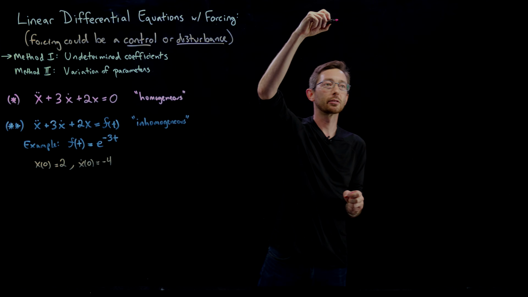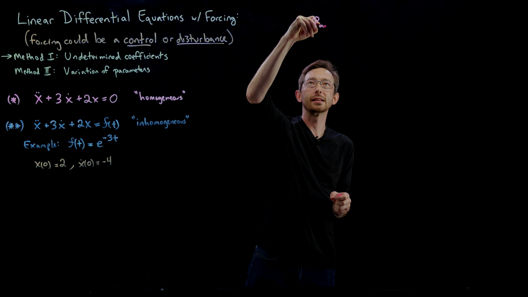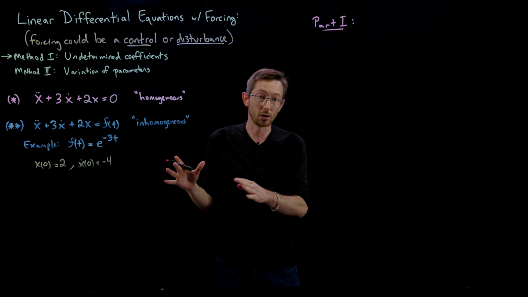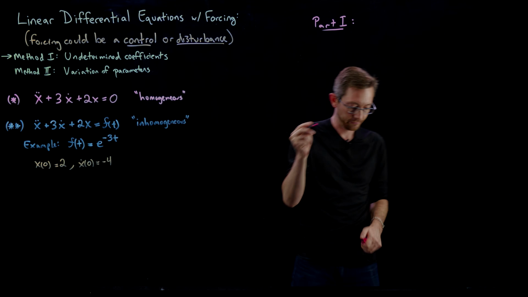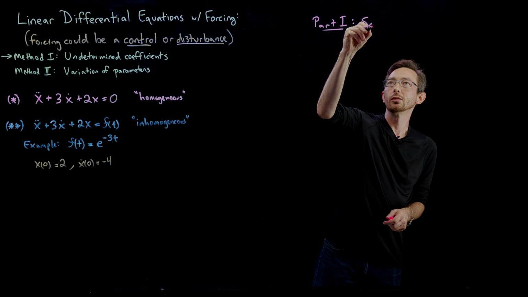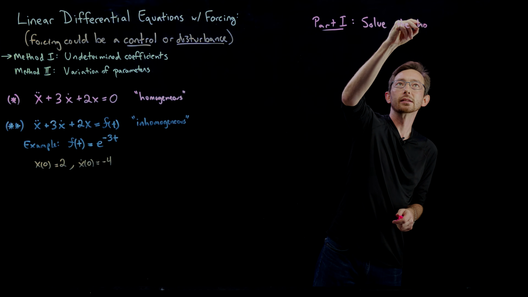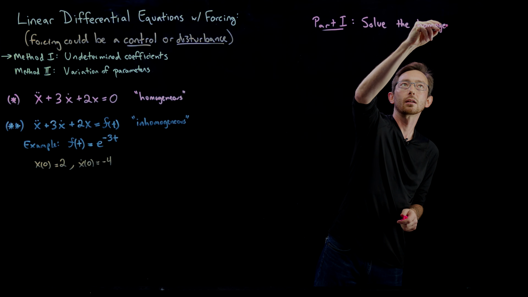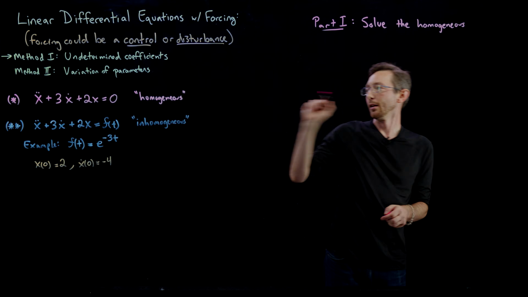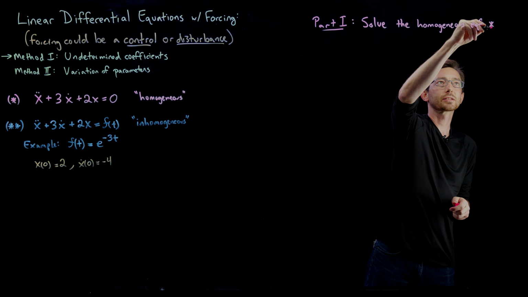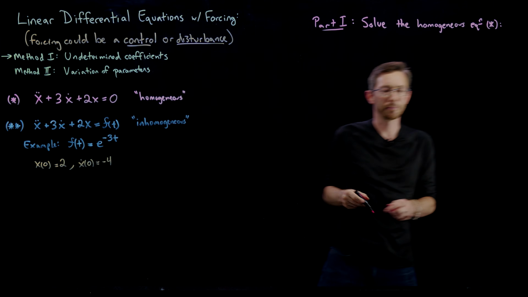So I'll just literally write this in parts. So part 1, or step 1, is that we solve the homogeneous equation, which is equation asterisk, okay?